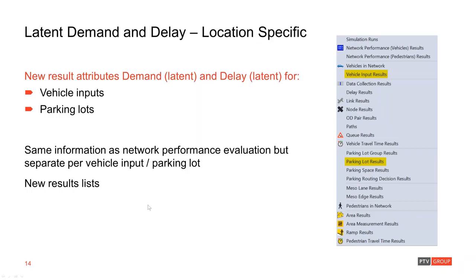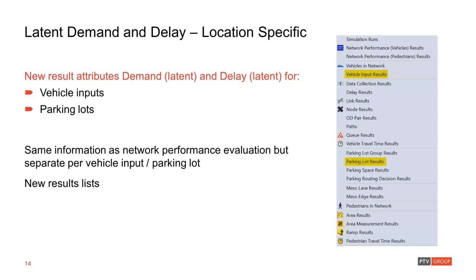There are 2 additional result attributes which have been added to parking lots and also vehicle inputs, and these are latent demand and latent delay. Both have already been included in the network performance evaluation, and as result attributes for vehicle inputs and parking lots.